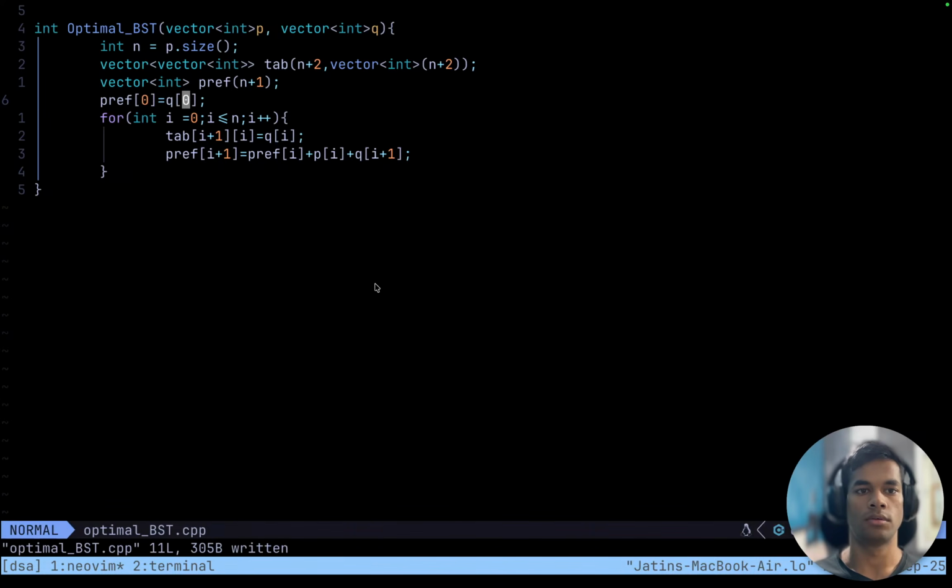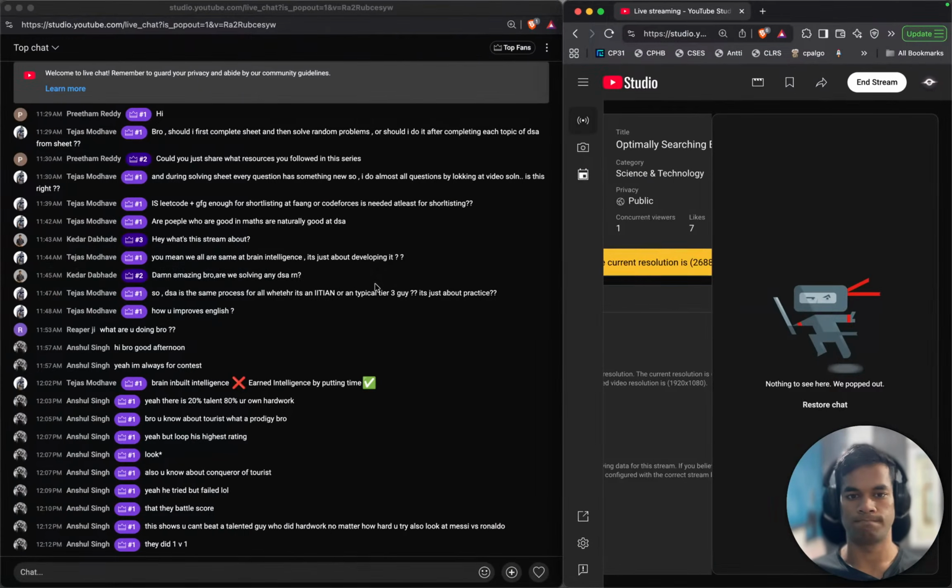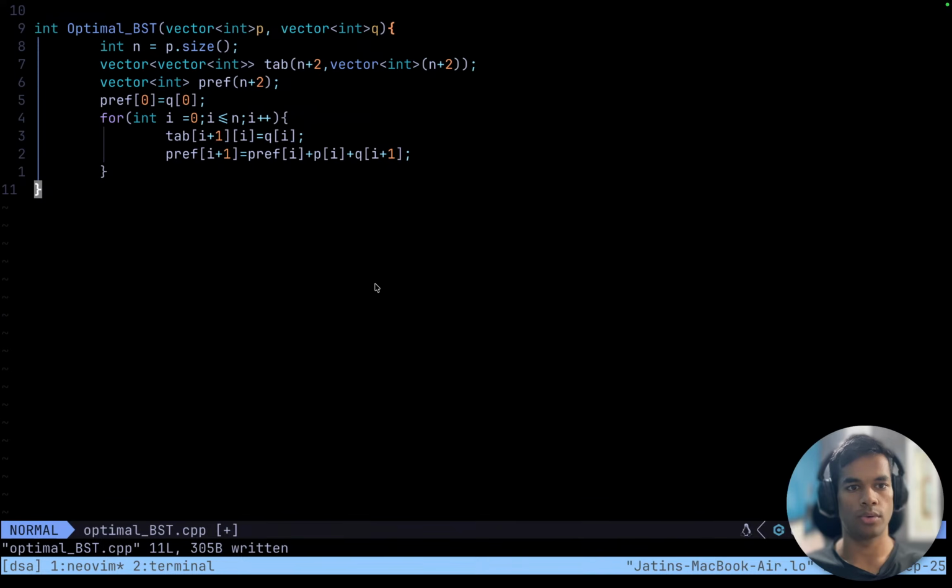First of all, this should be n plus 2. Okay, what is the invariant? What is the invariant? Why am I being stupid? Okay. n is the size of p, yes, and n is the count, the number of true nodes, not the number of dummy nodes.